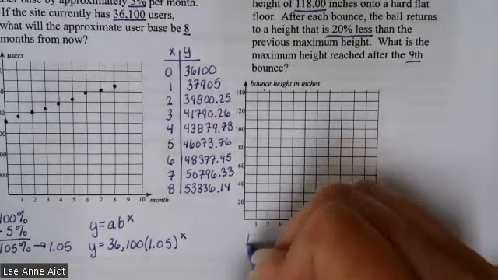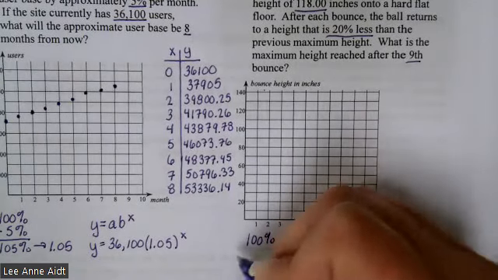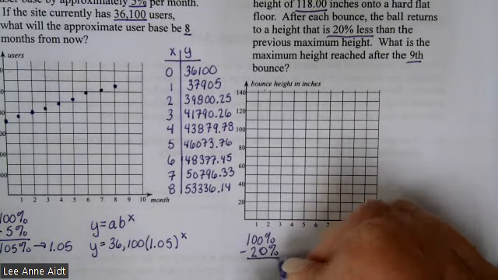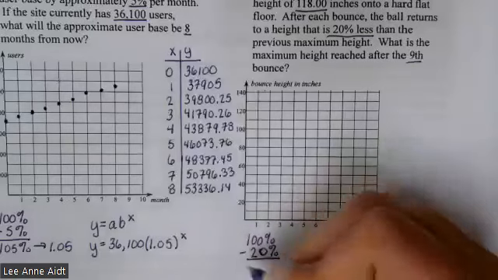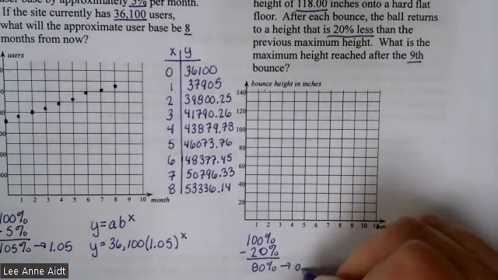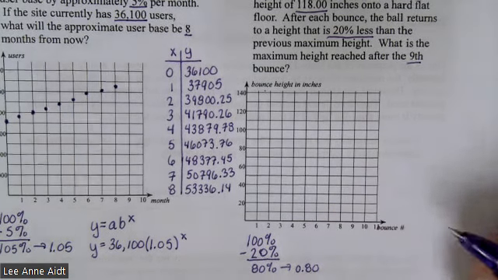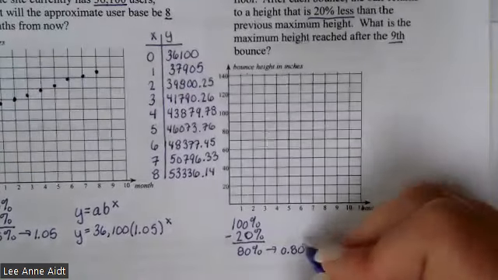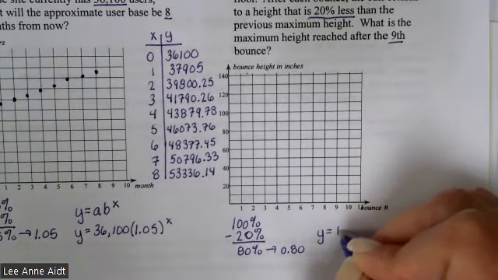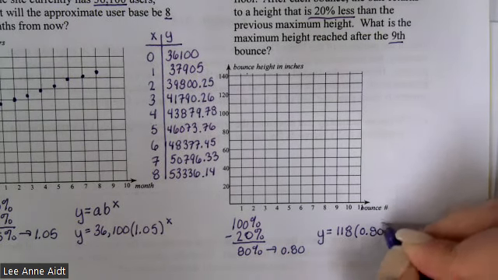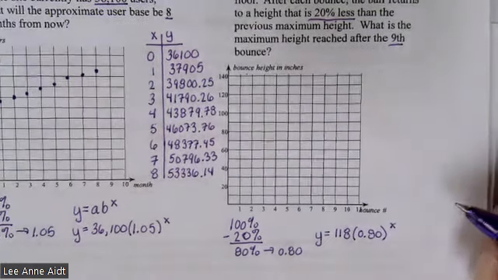Okay, so I'm going to go 100% minus 20% because it says less than, 80%, which is a multiplier of 0.80. Y equals 118 times 0.80 to the x.